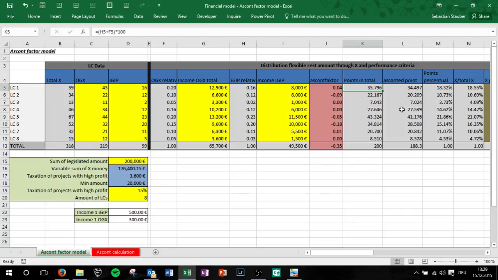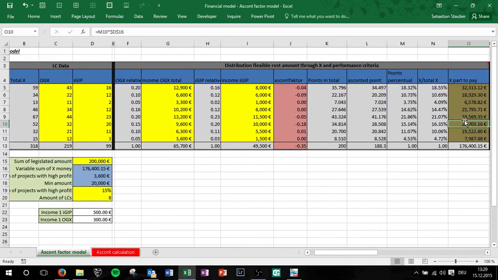Normally it will be an Ascount factor, so the amount of points will increase as soon as the Ascount factor is calculated in the points. Here, for example, we have a discount factor of 4%, therefore the points are decreasing. In the end, you have the total amount of points per central, and according to the percentage of the points, you distribute this flexible amount of money. So that's, at the end, the distribution.